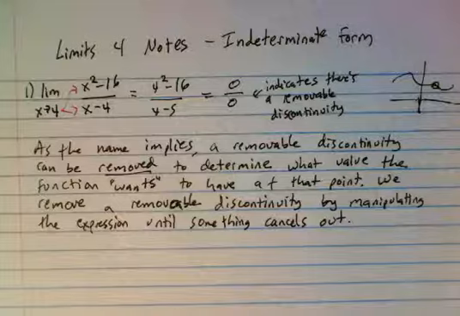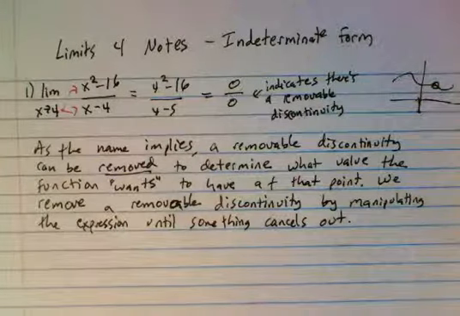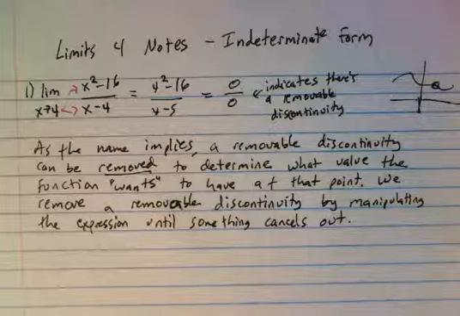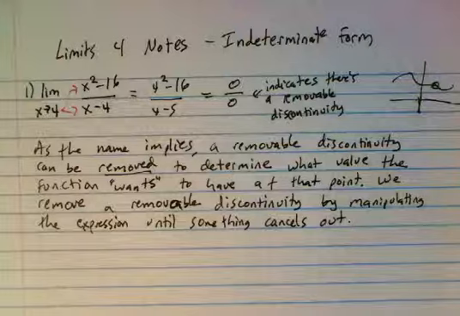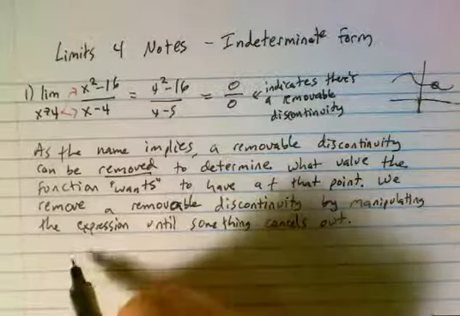You see, for each function that has a hole or a removable discontinuity in it, the function behaves just like a function without that hole, except at one point. So if we can find the equation that behaves like the function with the hole, we can then substitute for x to find the limit.